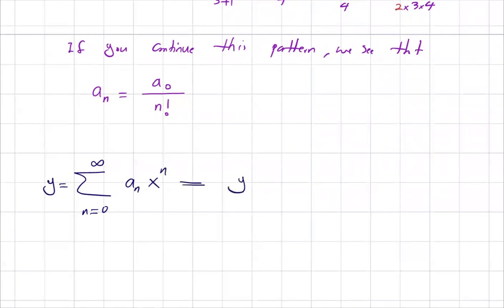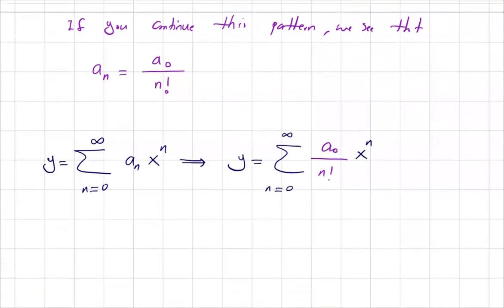So y can be written as the summation of a sub 0 divided by n factorial x to the power n. n starts from 0, goes to infinity. Or basically, y is equal to a sub 0, whatever that number is, times the summation of x to the n divided by n factorial.